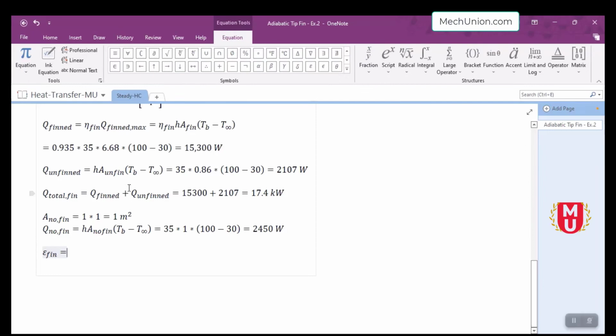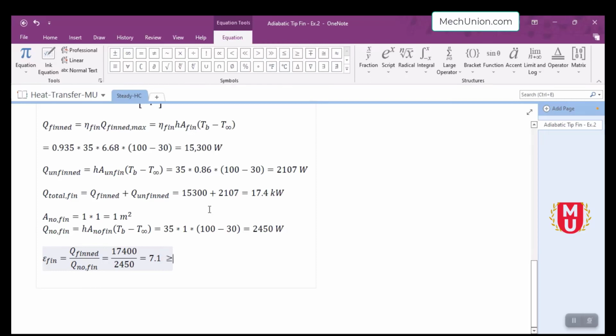Its formula is Q of fin over Q of no fin, which is 17,400 over 2,450, which will be 7.1, and it's bigger than 2.